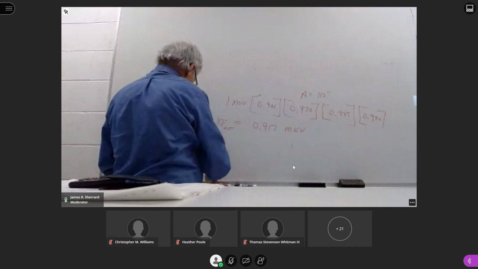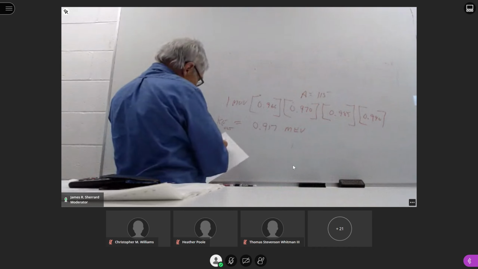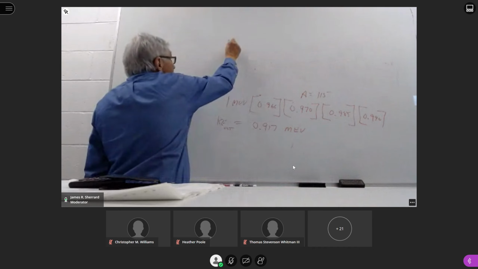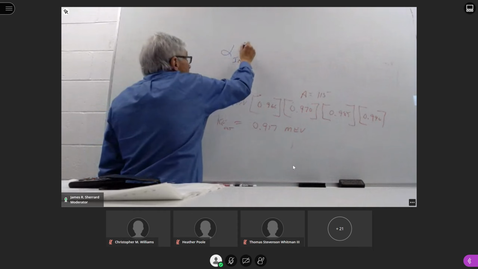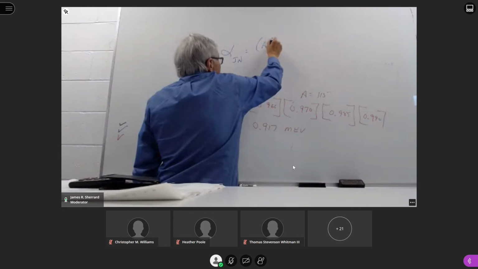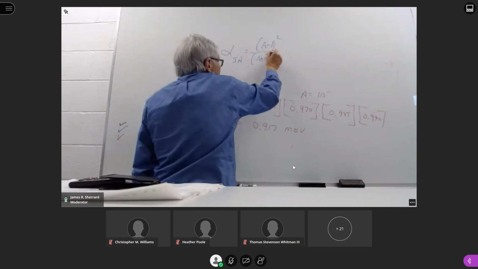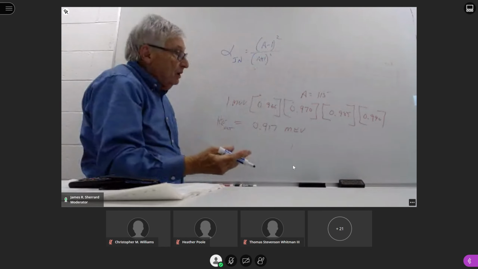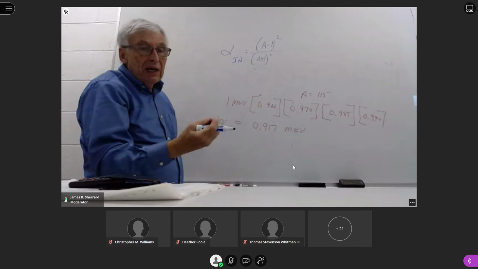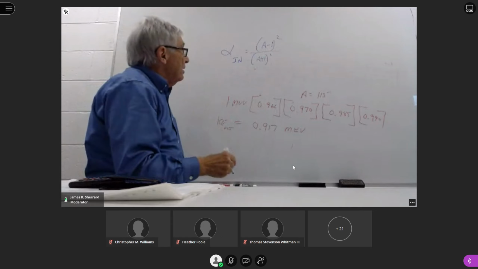Then the next thing I asked you for, what was alpha for indium? We know that that is A minus 1 quantity squared over A plus 1 quantity squared. And what is alpha? It looks at the energy remaining after one perfect backscatter.